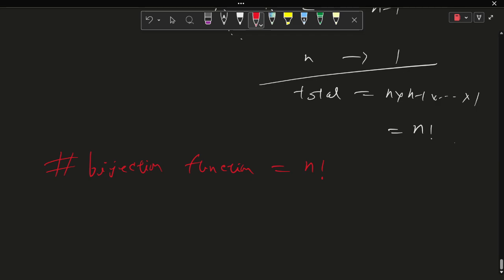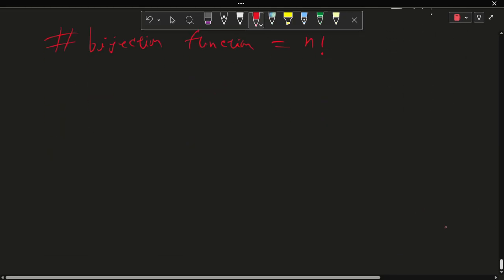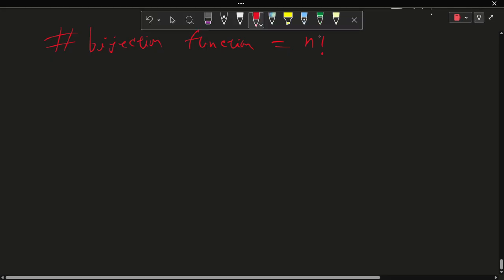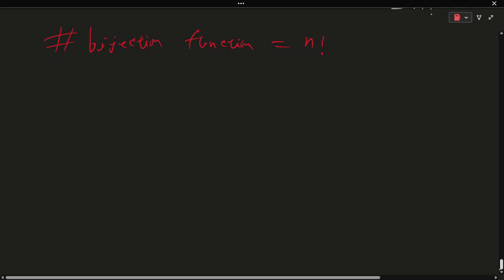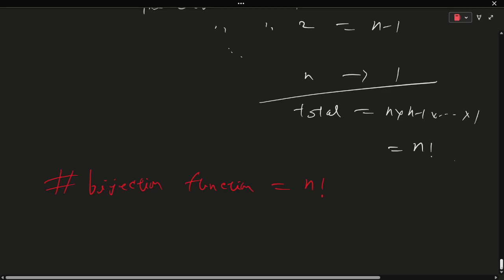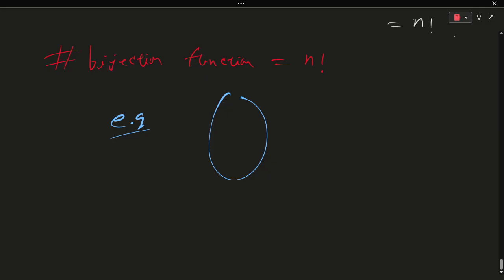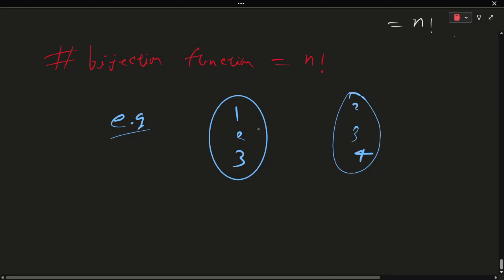Now I'm going to the graphical approach, the graphical method, to check how to check. Here is an example of a bijection mapping: 1, 2, 3 and 2, 3, 4.